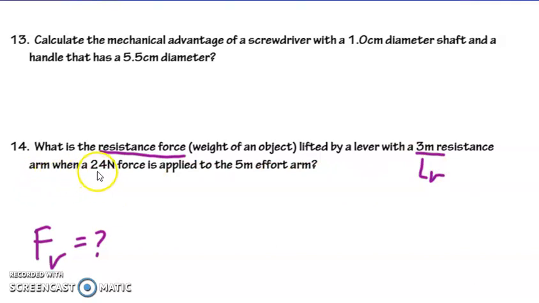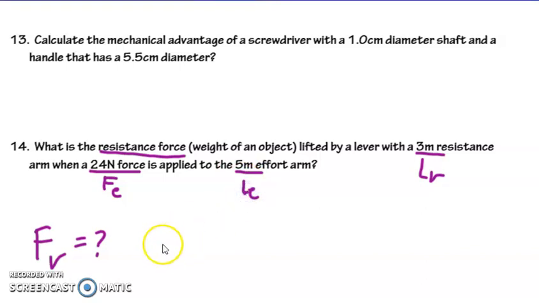Okay, and we lift with a 24 newton force, so that's the force of our effort, and we're applying that to an effort arm. So that's the length of your effort.